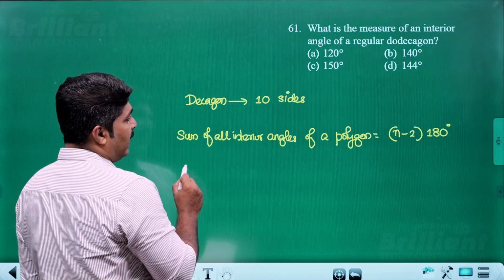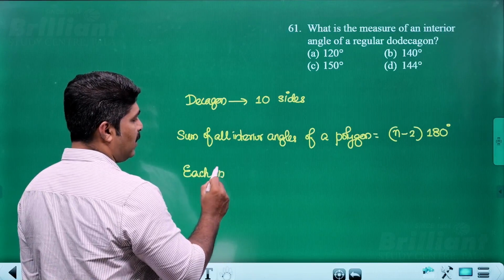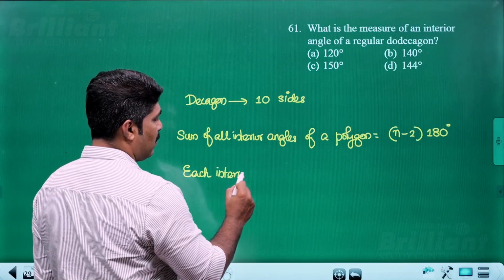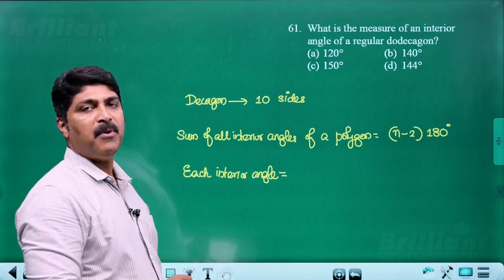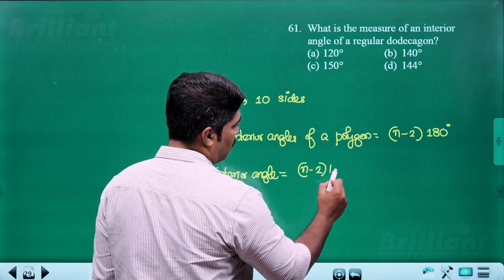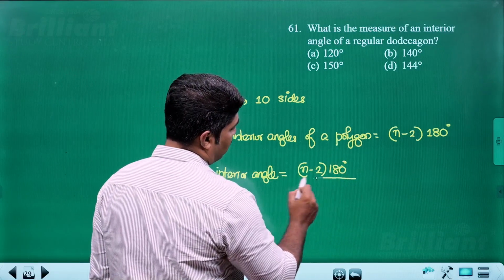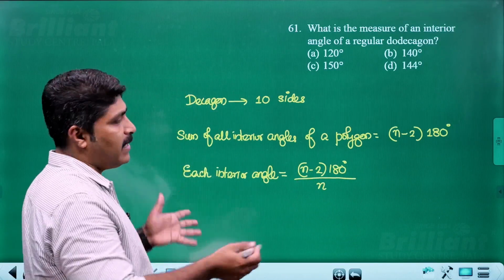Therefore, each interior angle of an n-sided polygon is simply n minus 2 into 180 degree by n, because it has exactly n interior angles.